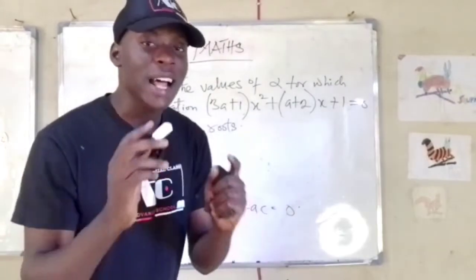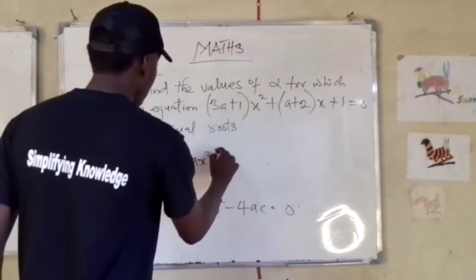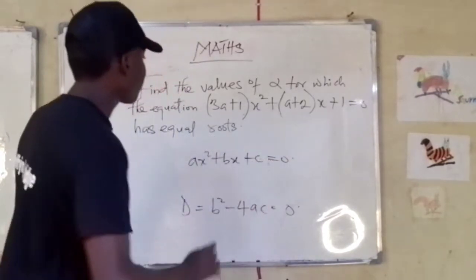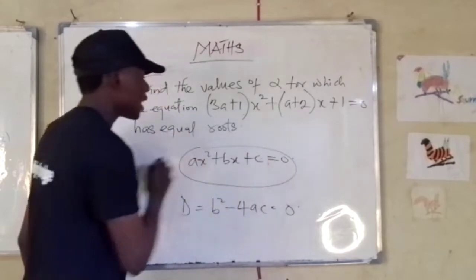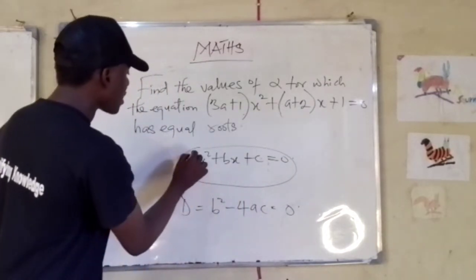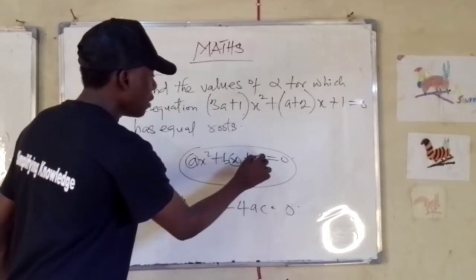Now, we know that the standard form of a quadratic equation is given as ax squared plus bx plus c equals 0, right? And from this standard form, x squared has a coefficient of a, bx has a coefficient of b, and c is a constant.